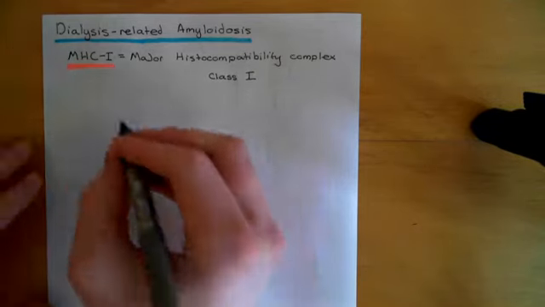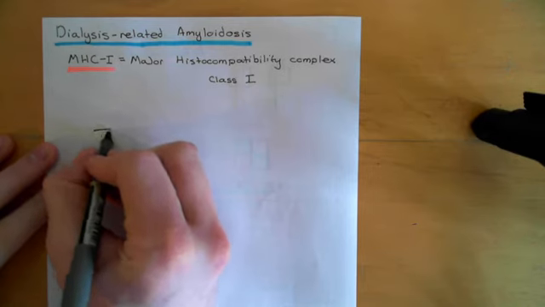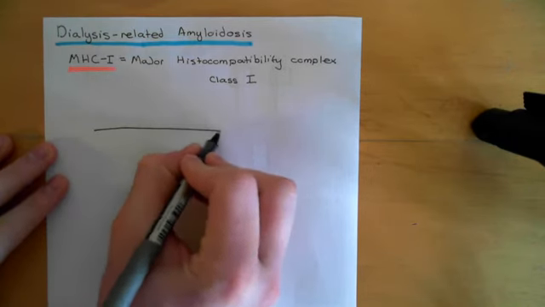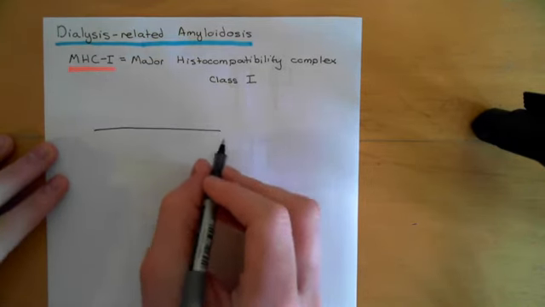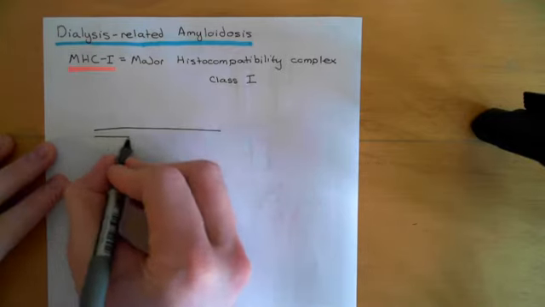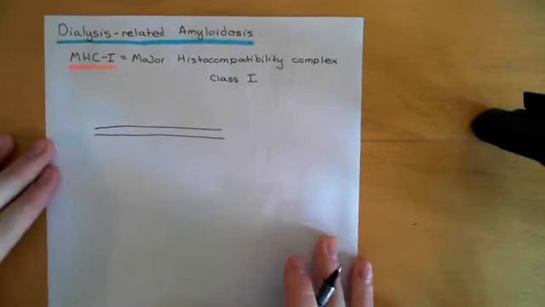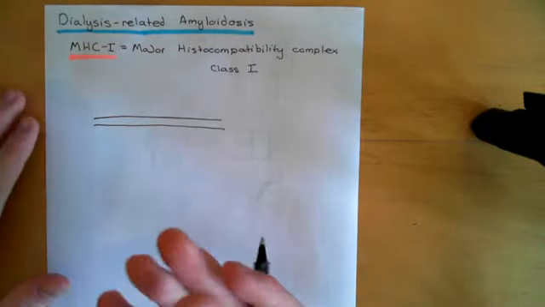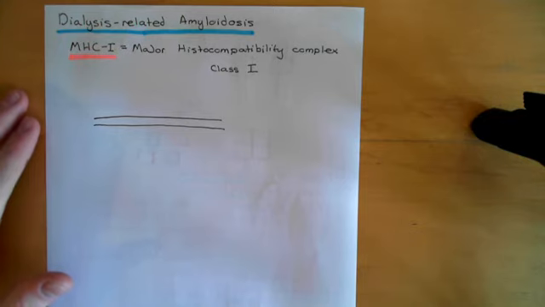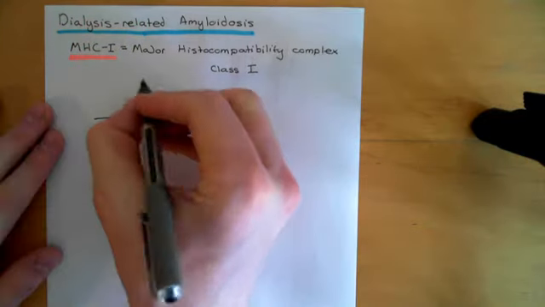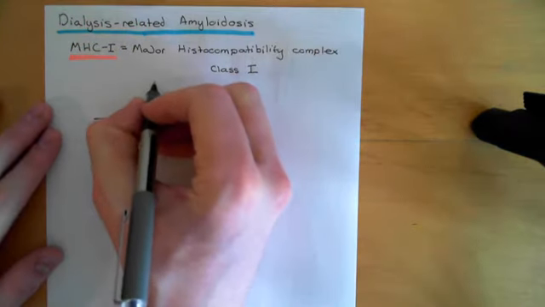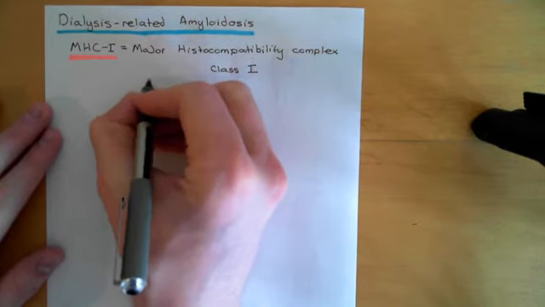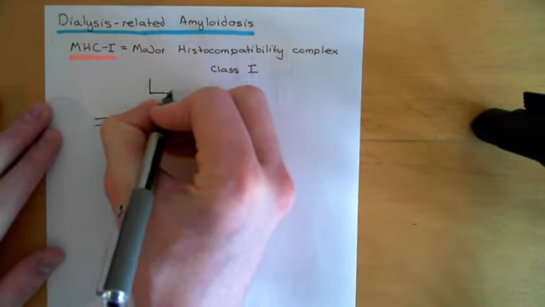So let me show this now. If we have our cell membrane here, I'll represent the cell membrane as two lines, our phospholipid bilayer. There are two polypeptides that make the MHC class 1 molecule. The first is what's known as an alpha chain, and the alpha chain has three important domains.